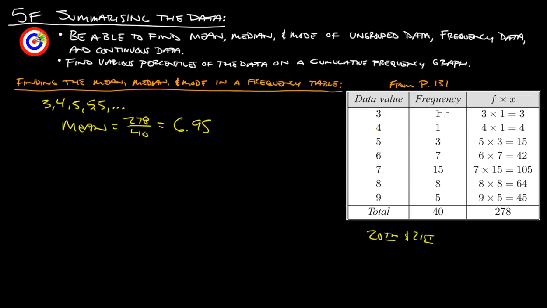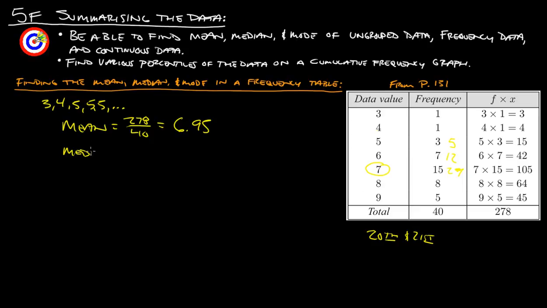So let's see, this is 1, 2, we're up to 5 here, plus 7 is 12, plus 15 gives us 27. So both the 20th and 21st piece of data, they're both 7. So that means the average of 7 and 7 is just going to give us 7.